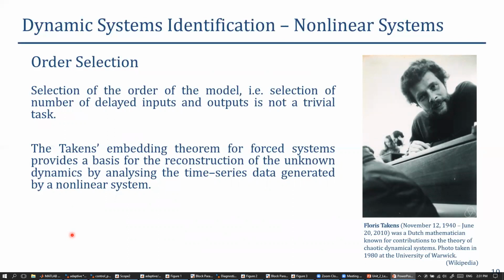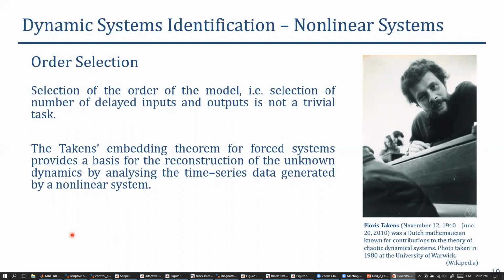He was studying chaotic systems, so chaotic dynamics, those strange attractors and stuff like that, right? But what he actually found out is that it is possible to reconstruct the unknown dynamic by analyzing the time series of the data, right?